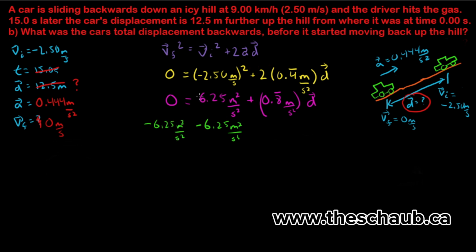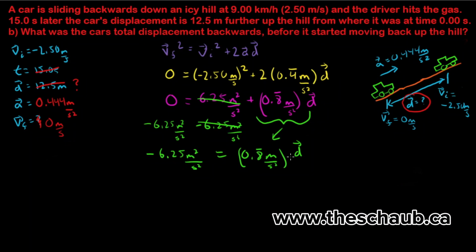So on this side, our 6.25 minus our 6.25 cancels out. And on the left-hand side here, we get negative 6.25 meters squared per second squared is equal to our remaining term here. So 0.8 repeating decimal meters per second squared multiplied by our displacement d.